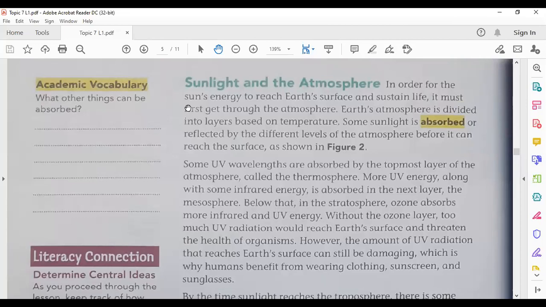Yes, the thermosphere, mesosphere, stratosphere, and troposphere absorb most of this energy, and only a small part of the visible light, and a small percentage of the ultraviolet and infrared, reaches the Earth's surface. Fine. Thank you very much.